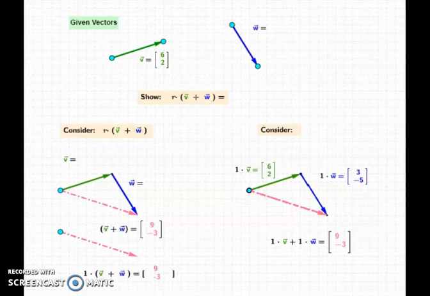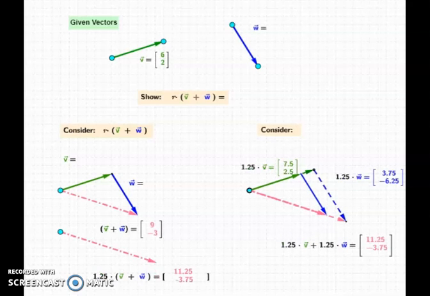If we try to increase our r, in this case it is 1.25. Alright, so our r is 1.25. So for v plus w, ito yun siya.